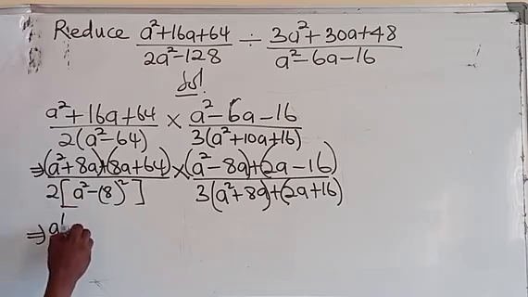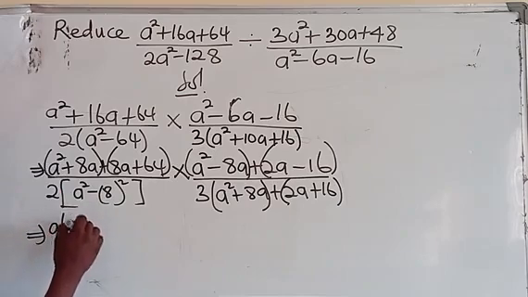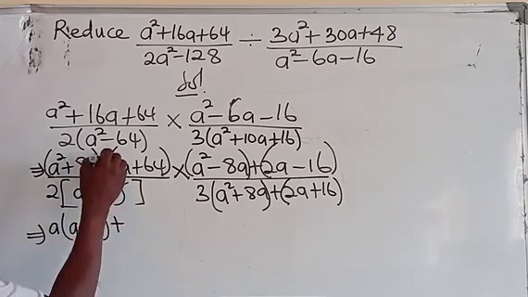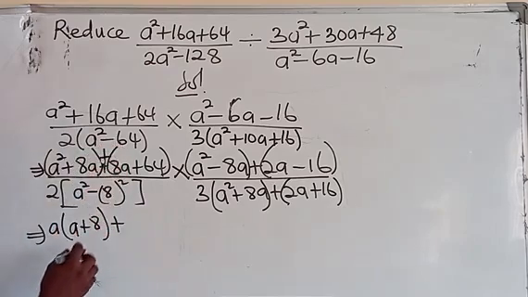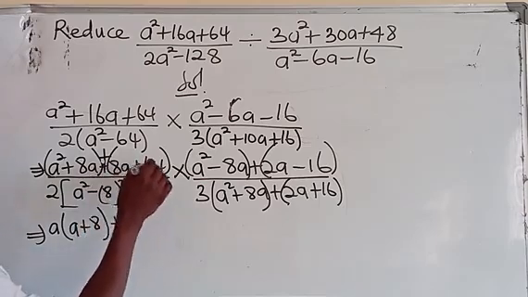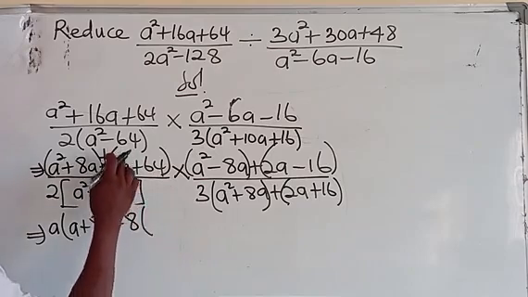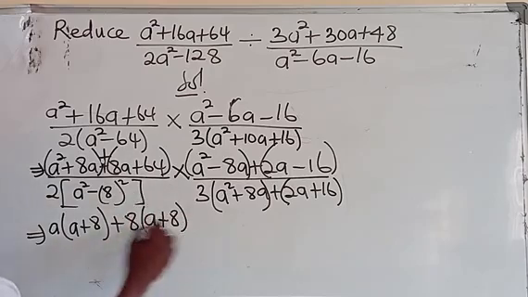a. So a times what will give me a squared? A. Plus a times what will give me 8a? 8. Now plus, that's this plus sign here. So now the common factor between 8a and 64 is 8. Pull it out. 8a divided by 8 is a, 64 divided by 8 is 8.